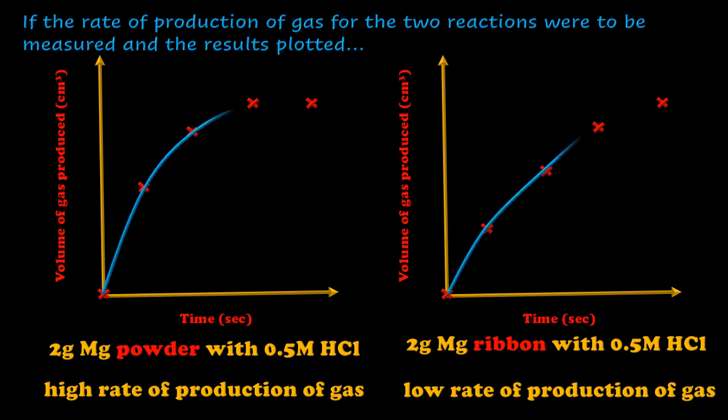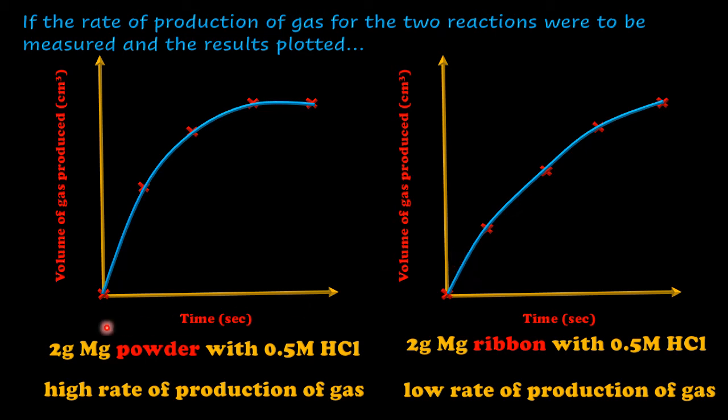If we consider then the curves for the two reactions, that is the shape that we would get. The shapes of these curves are significant because the shape tells us how the rate of reaction is. If we were to work out the gradients, we'll find that this particular point is steeper than this particular point.